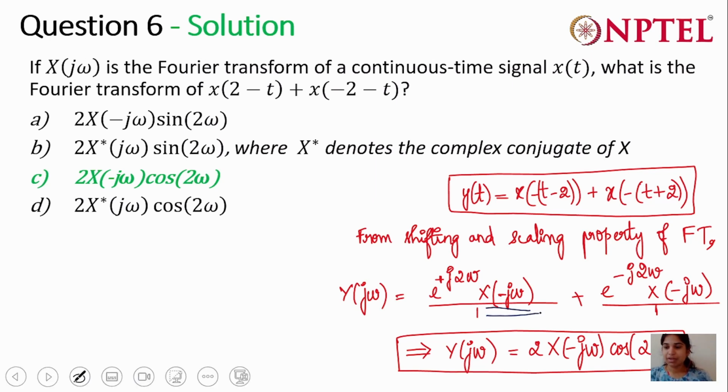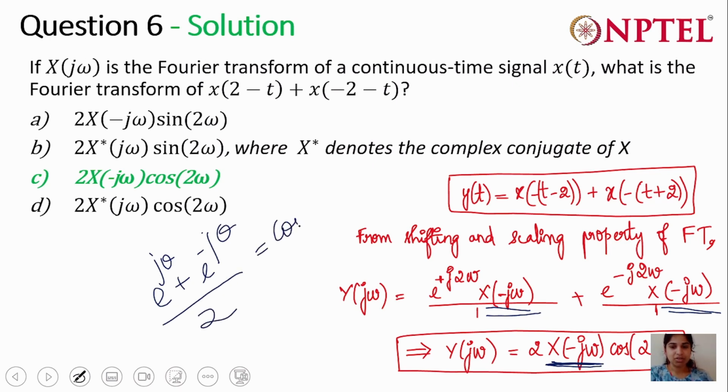Now this capital X of minus j omega is common, and then you have e power j theta plus e power minus j theta by 2. This is basically cos, right? So these sum of exponential terms, with that you're going to get 2 into cos of 2 omega.